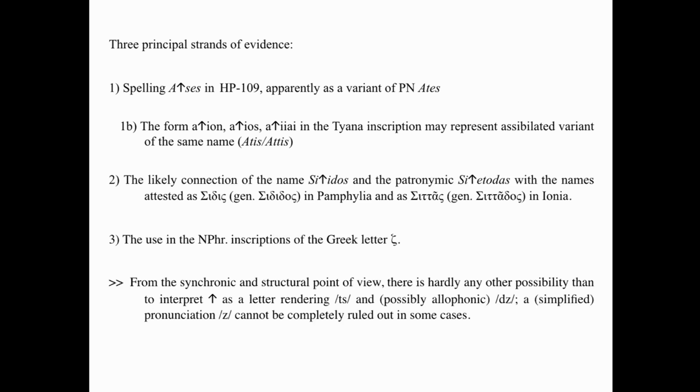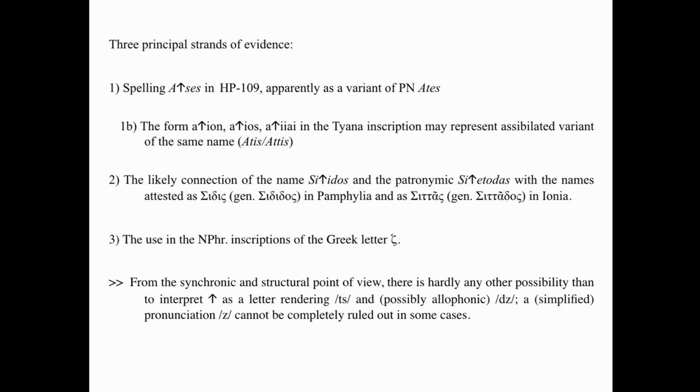On the other hand, we have also the sequence Atsion, which is again suspiciously reminiscent of one of the most usual and common Phrygian names, Attis. So it might be again an assimilated variant of the same name, Atsis or Adzis, depending on what was the initial form.